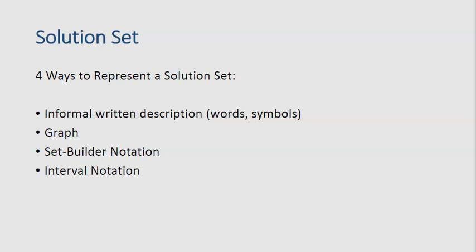And then we have a very formal way called set builder notation. And then we have a little less symbol heavy way of writing called interval notation, kind of like a shorthand way of writing a chunk of the number line.